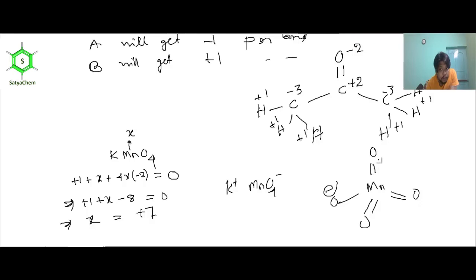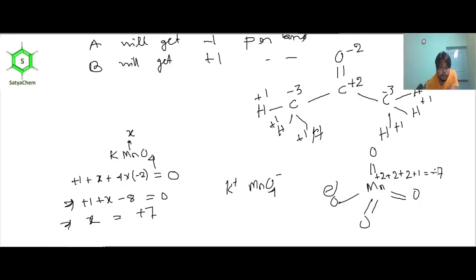Oxygen is more electronegative than manganese, so for this oxygen it is +2. Again for this Mn double bond O, another +2, and this Mn double bond O, another +2, and here it is Mn single bond oxygen, that is why it is +1. So the total becomes +7.